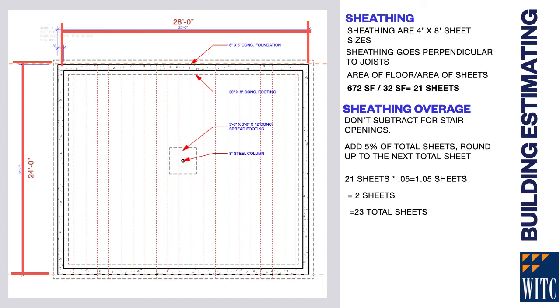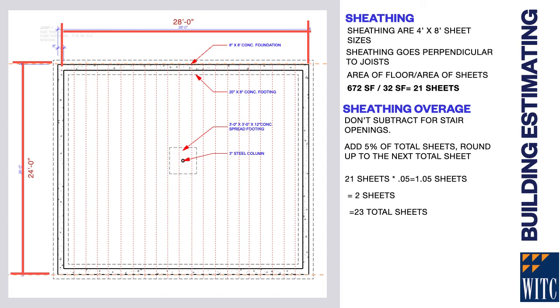What we also want to figure is a 5% overage. Also, if there's a hole in the floor, let's say for a stairway, typically we would still include that. So if this footprint was 672 feet, and we had an 8 foot by 4 foot opening in the floor where the stairway went through, we would still count that as part of our square footage, so we would not take that out.